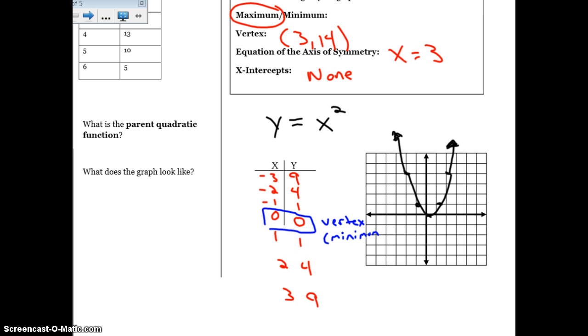Okay? So it had the opposite effect on our first example. This time it's opening up, so the vertex is going to be called a minimum. And that is the parent quadratic function y equals x squared.